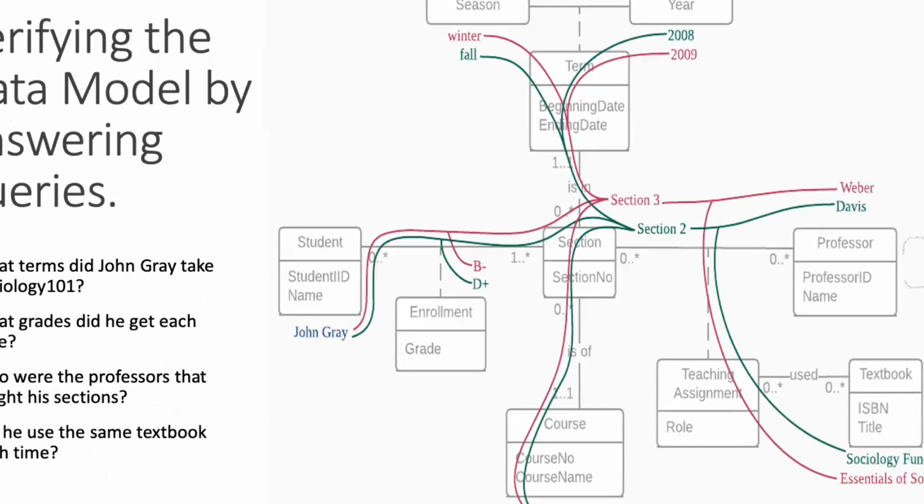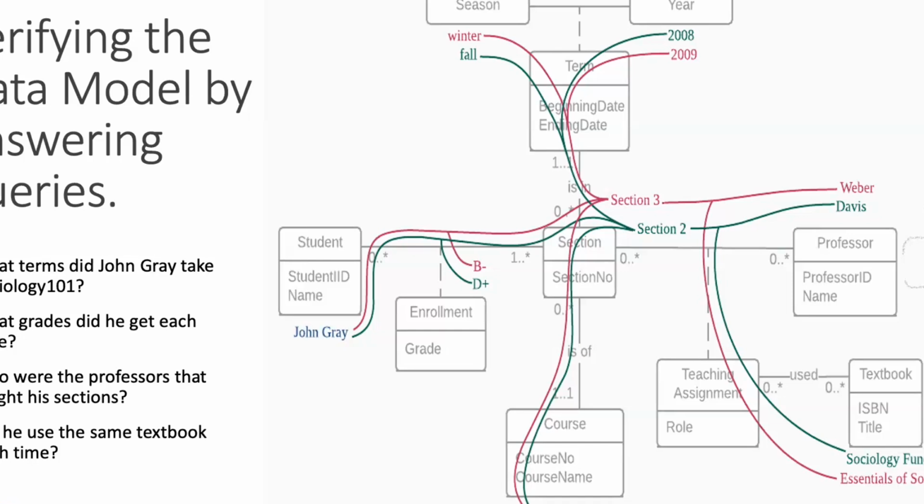So right now, let's see this one. For example, one of the questions that we can answer with this: we have two students in this specific example, John Gray and another, and one student took two different courses at two different times, winter 2008, winter 2009, and fall of 2008.